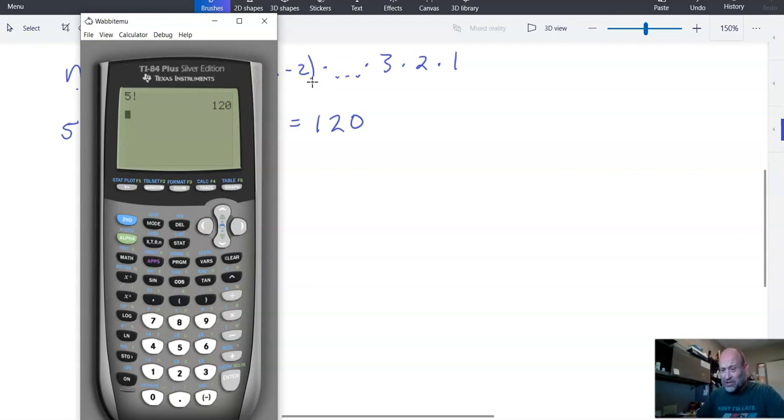Now, just to show you how quickly these things grow, 50 factorial, and now I have to chase it through here again. Has 64 places, right? And that's before the decimal. Actually, 65 if you count the 3.